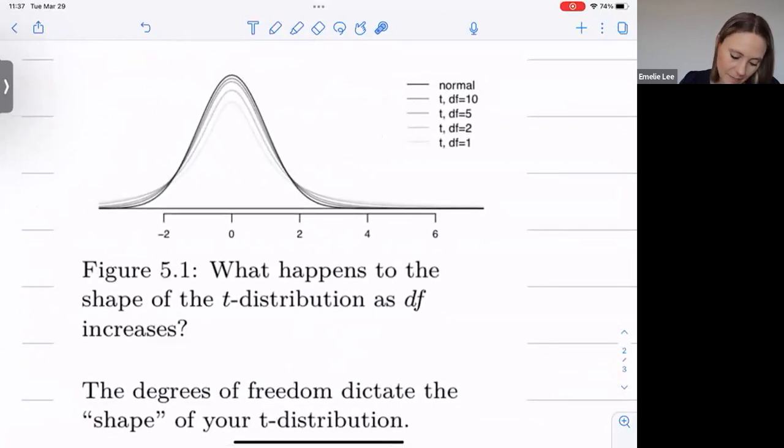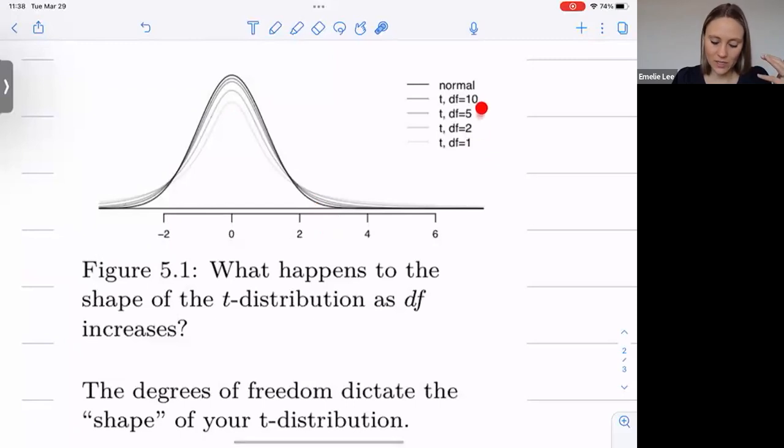So we have the normal distribution, which is this darkest line here, and notice how it hugs the curve, goes up the highest, and then comes down and is very, very tight on the axis. So as we increase our degrees of freedom, we're going to decrease the amount of area in the tail.